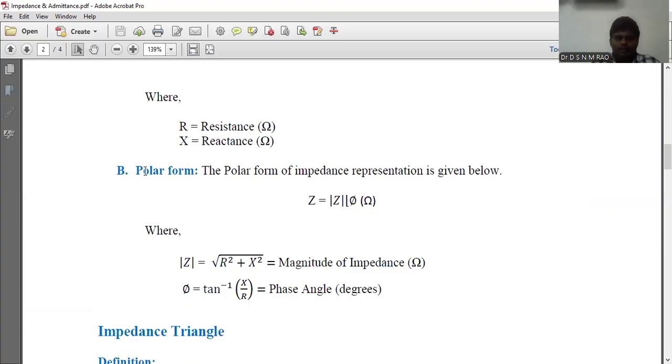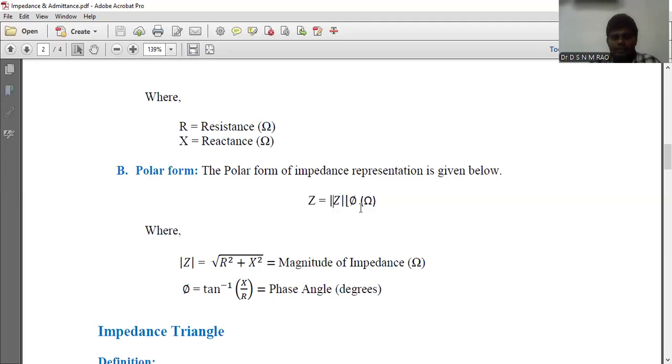Next one, polar form. Impedance can also be represented in polar form. Impedance equals the magnitude of impedance Z at an angle phi or theta, in ohms. The magnitude can be found using the impedance triangle: Z equals square root of R square plus X square. In this way the magnitude is found.